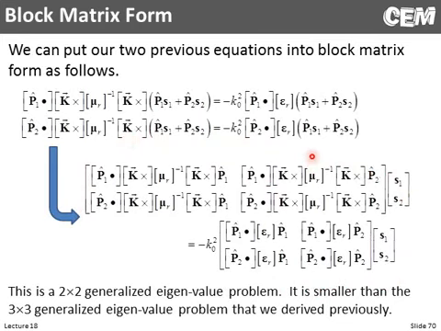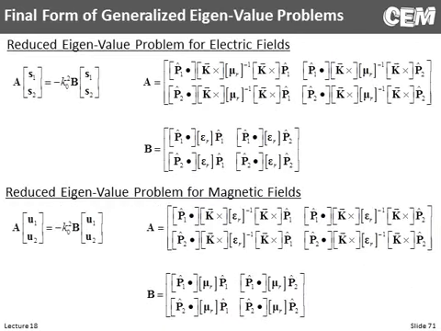We went from a 3 by 3 block matrix equation to a 2 by 2 block matrix equation. So it's about half the size and a lot more efficient. And we also see it's a generalized eigenvalue problem. And here's what we just did. This is the reduced eigenvalue problem for electric fields.